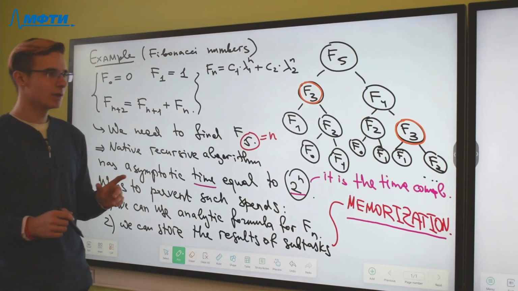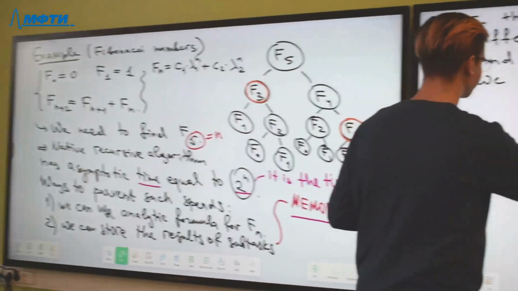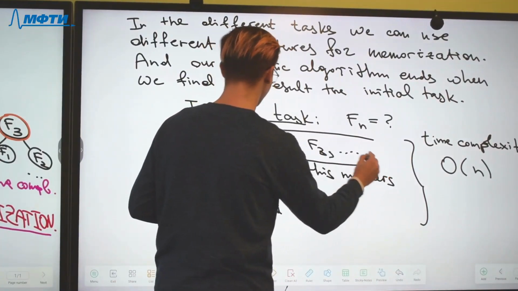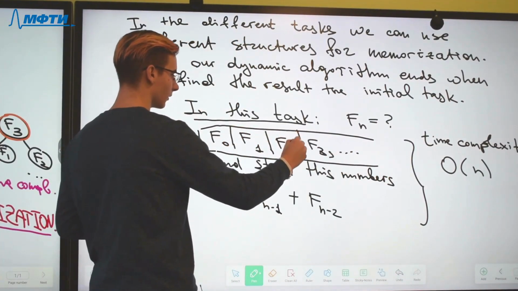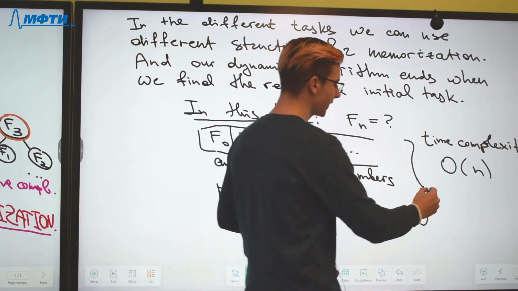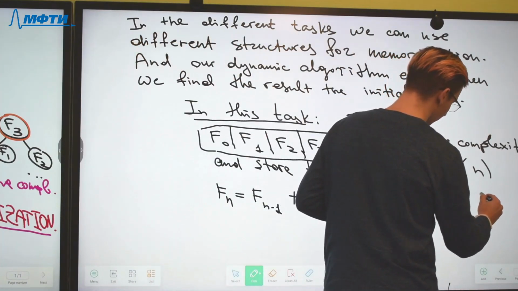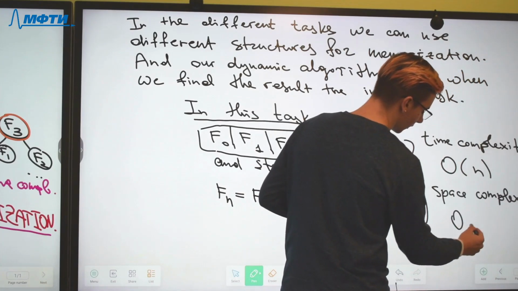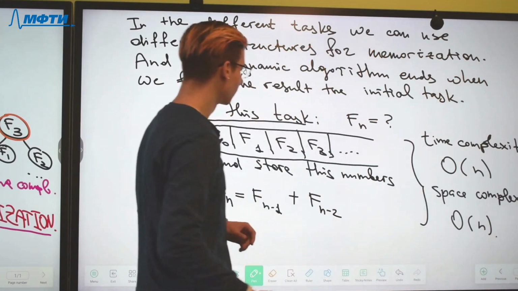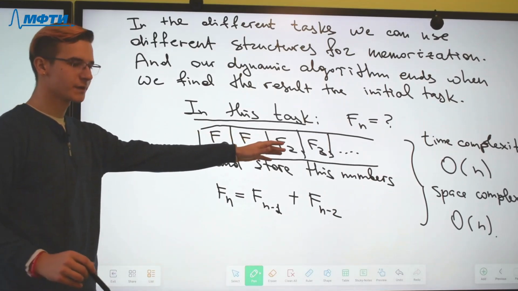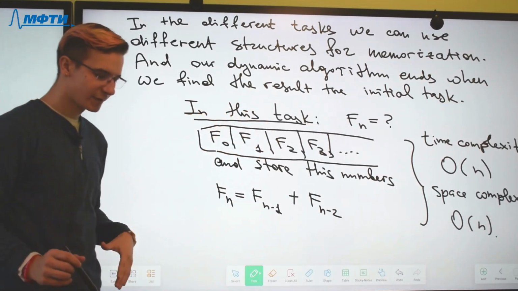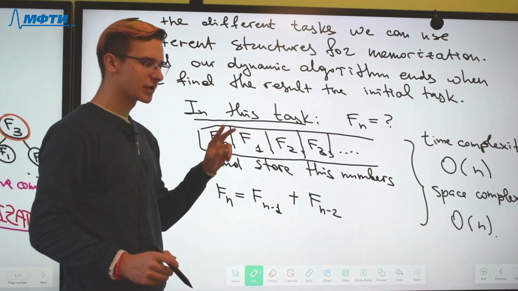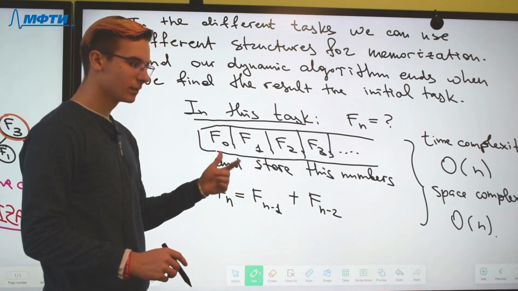And of course, if we use, for example, an array for Fibonacci numbers, we say that space complexity is O from n, because we need to store previous numbers. And of course, we can say that due to this formula, we can store only the previous two numbers and change them in each step.